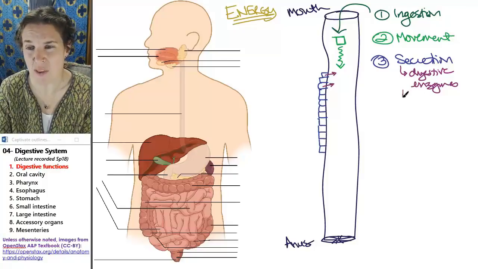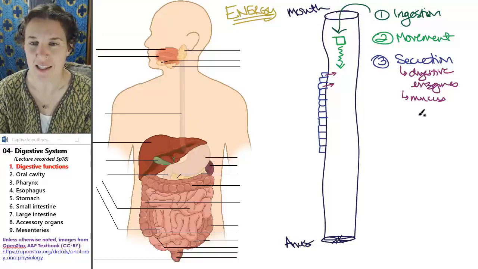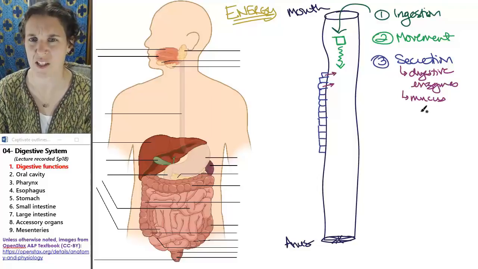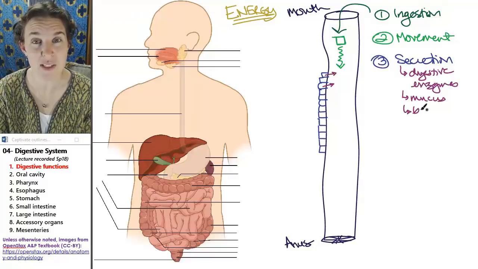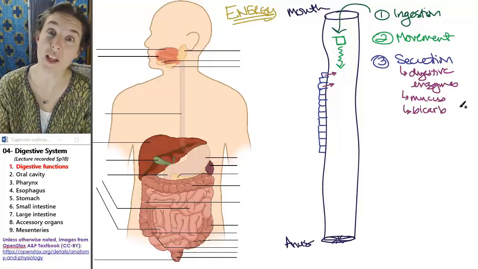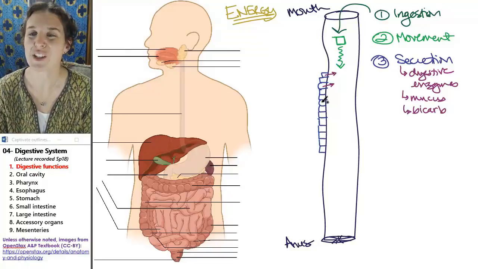Digestive enzymes are one thing you can secrete. You can secrete some slippery mucus. That's another thing you can secrete. You can secrete bicarbonate. That is a basic substance, an alkaline substance. It's baking soda. And it will neutralize stomach acid. So there's all sorts of things that you can secrete.